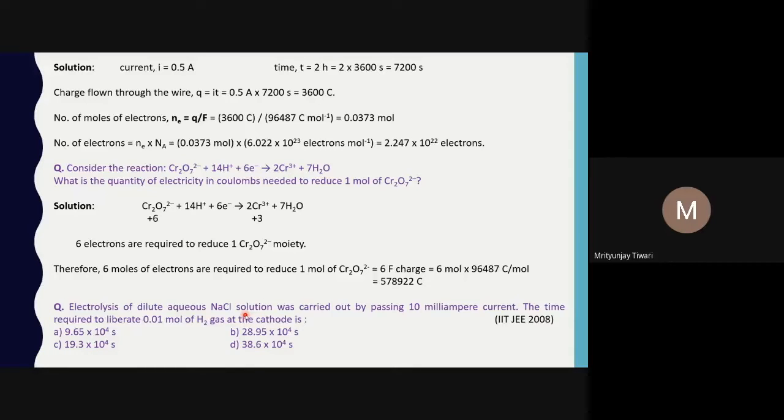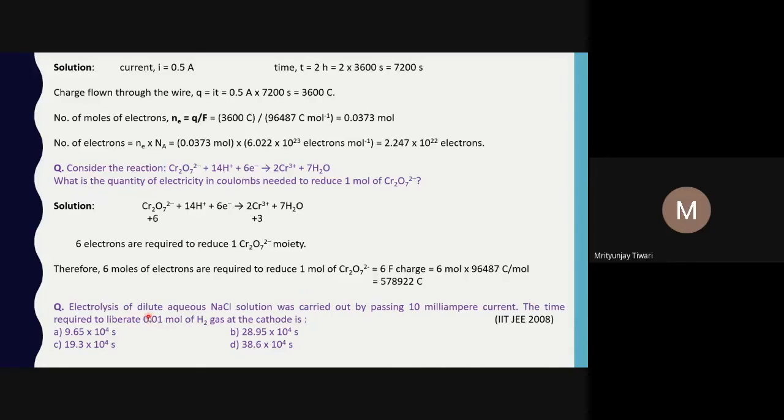One H+ gives half an H2. To get one molecule of hydrogen, H2, you require 2H+, and for that you require 2 electrons. So 1 mole of hydrogen requires 2 moles of electrons, so it contains 2 equivalents of hydrogen.